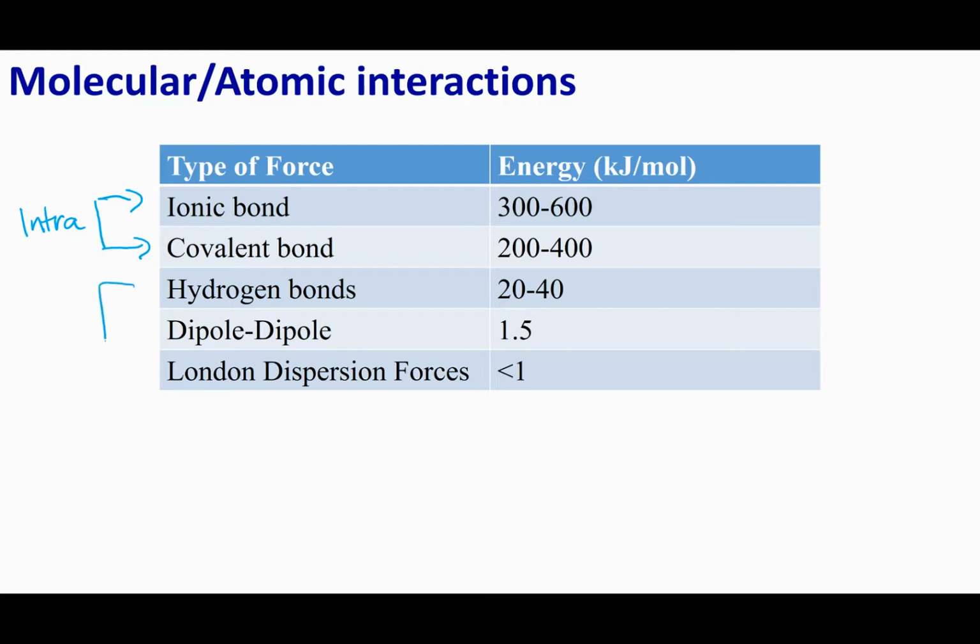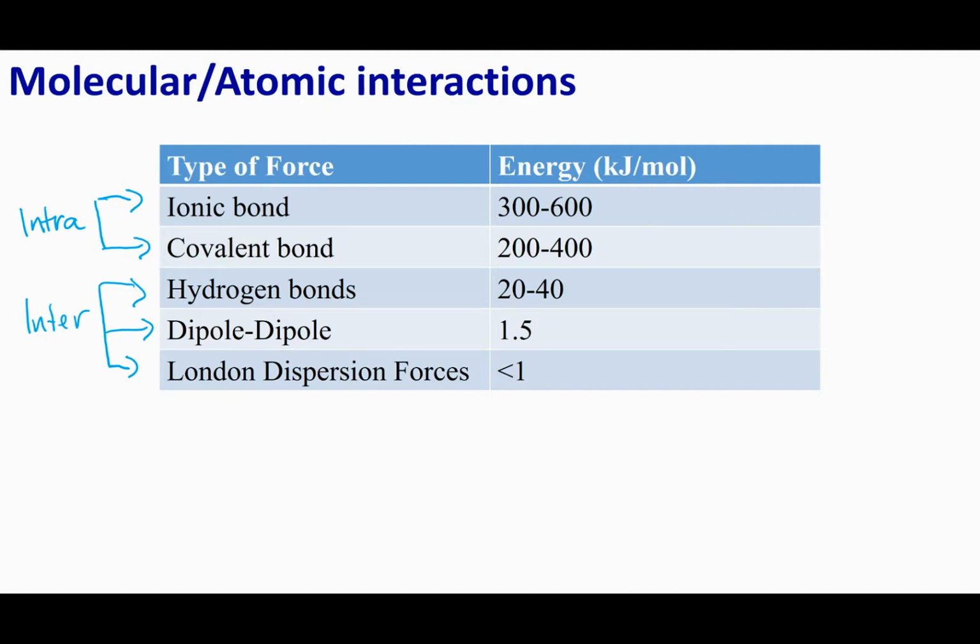Now on the bottom, what you guys will see are the classical intermolecular forces: hydrogen bonds, dipole-dipole, and London dispersion forces. And these are much weaker. They're about 100 times, and at best, maybe 10 times less than the intramolecular forces.